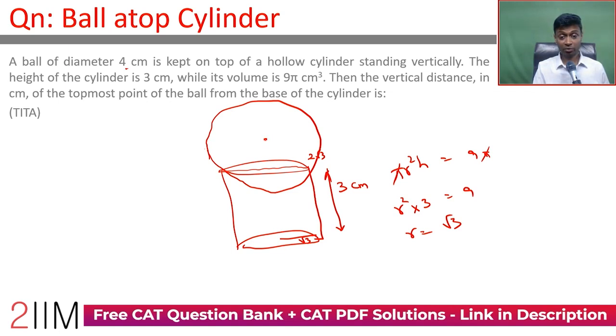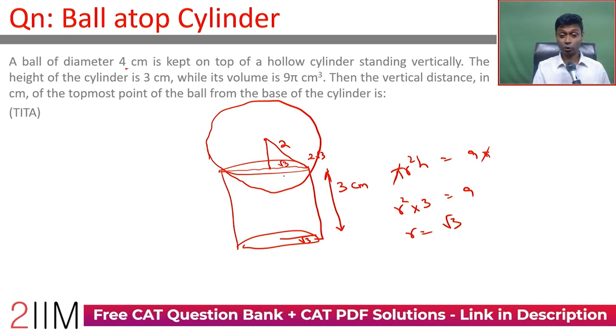Now think about this. From the center of the ball, if you draw a line to this point, the midpoint, then the diameter is 4, or this is 2. This is root 3.